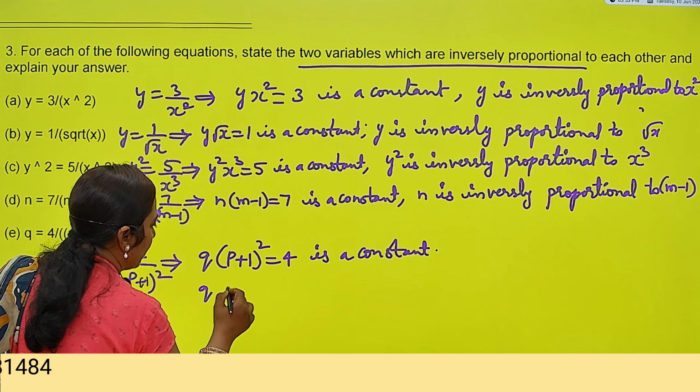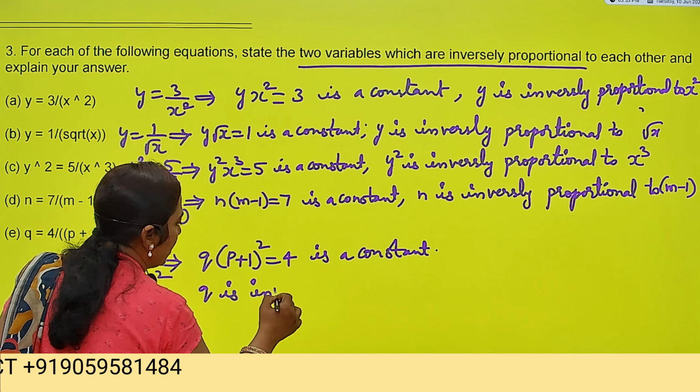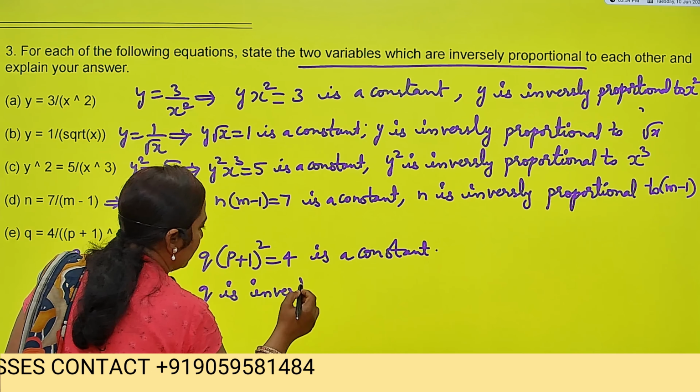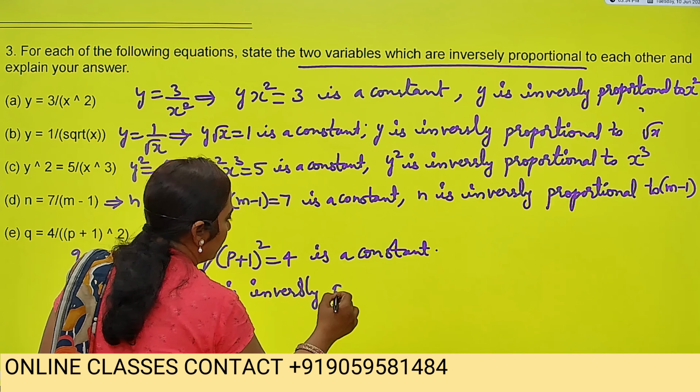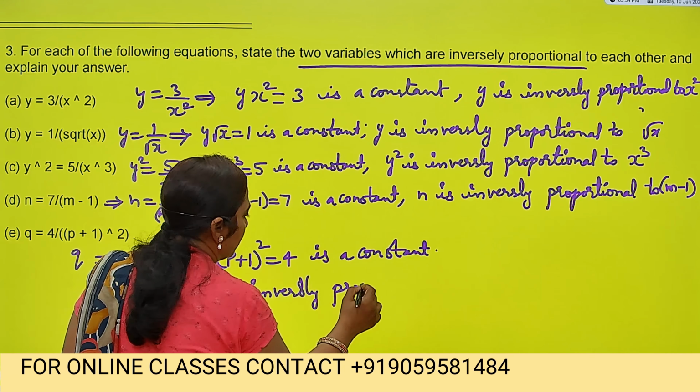Q is inversely proportional to square of P plus 1. Okay. This is the explanation.